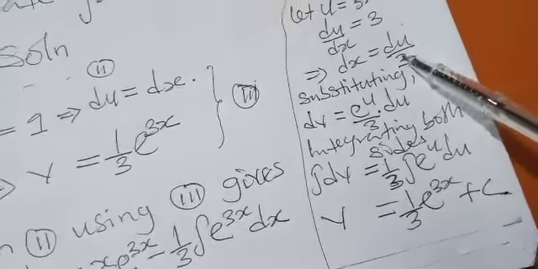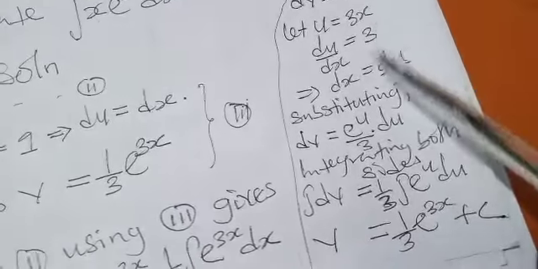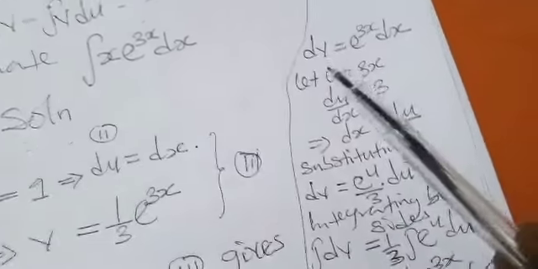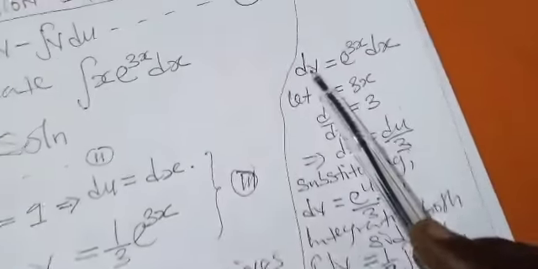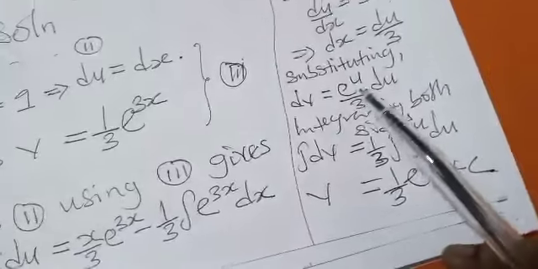Now, let's see how we can replace u as 3x and dx as du over 3 in the integral we have. So we are going to have dv equal to, where we have 3x, replaced by u.